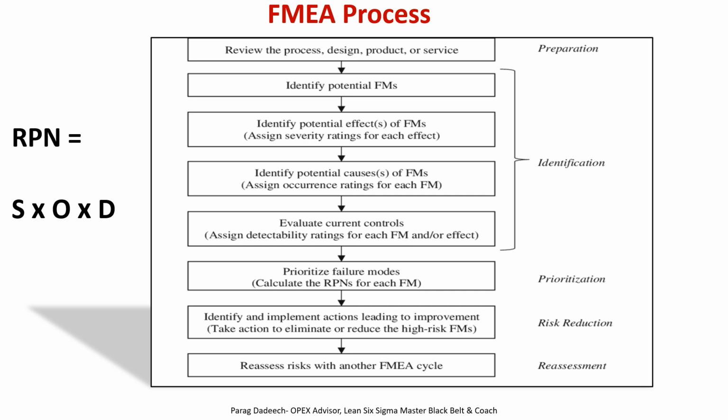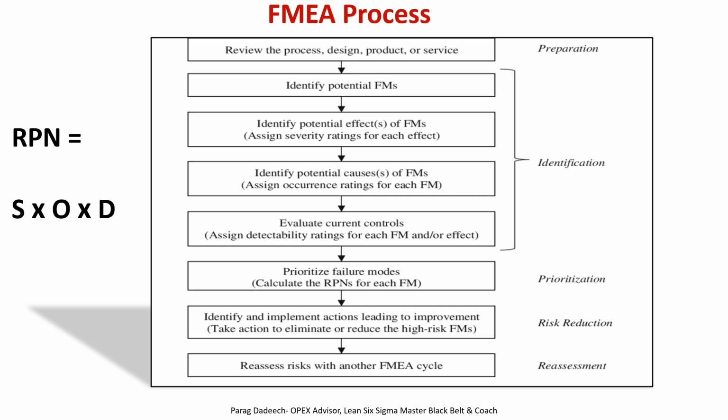Thereafter, we evaluate the current process controls and assign a detectability rating for each failure mode, which is how easily you are able to detect or not able to detect the potential failure mode. Thereafter, you prioritize the failure modes. Here, a factor which is called RPN number is used.